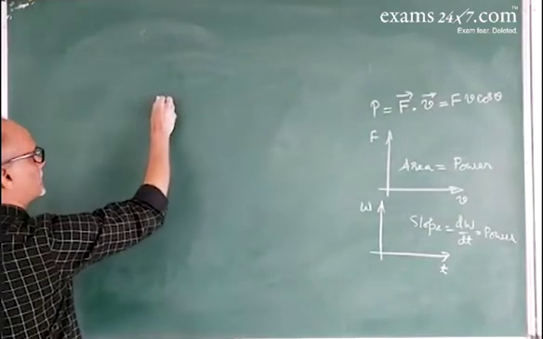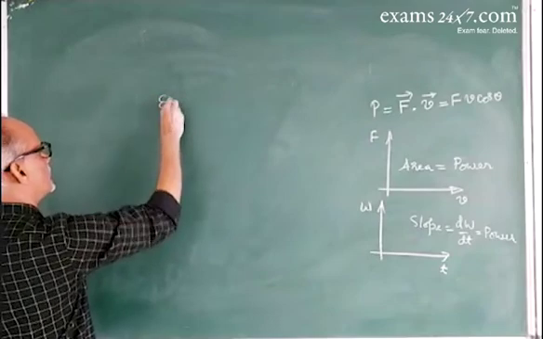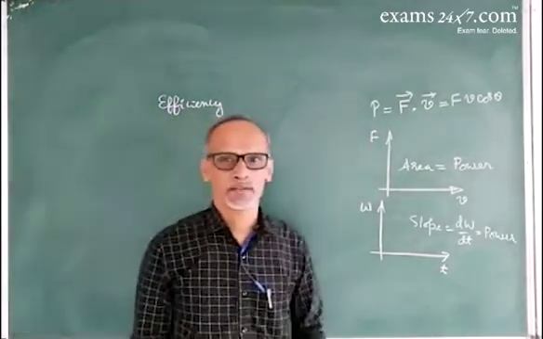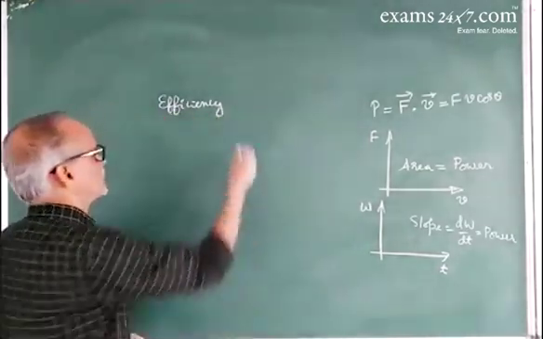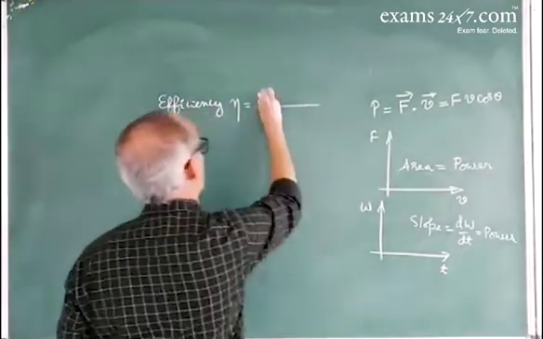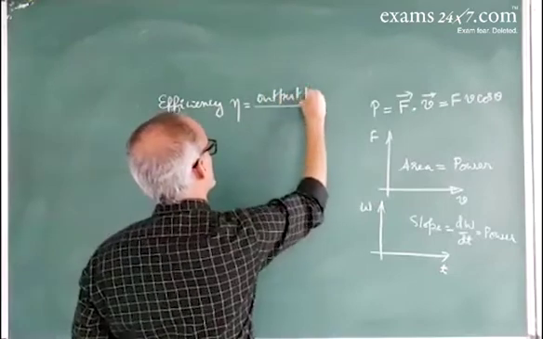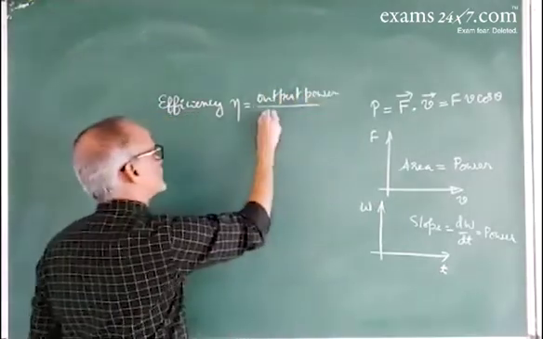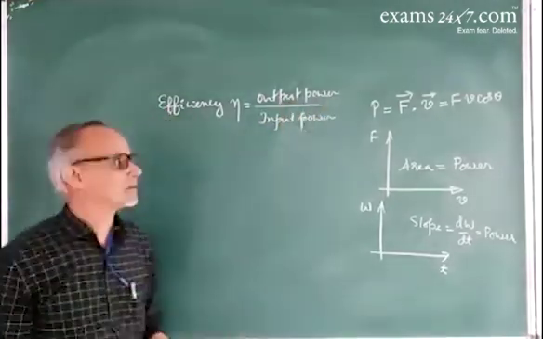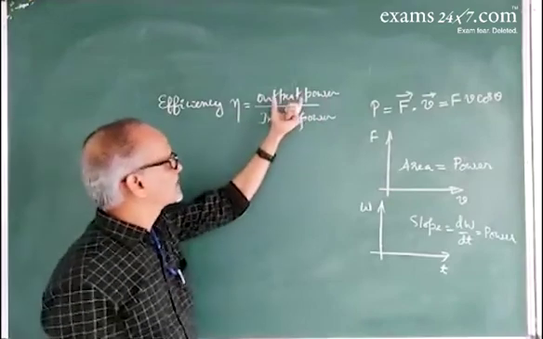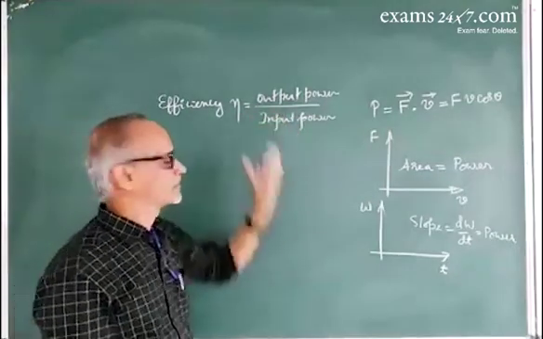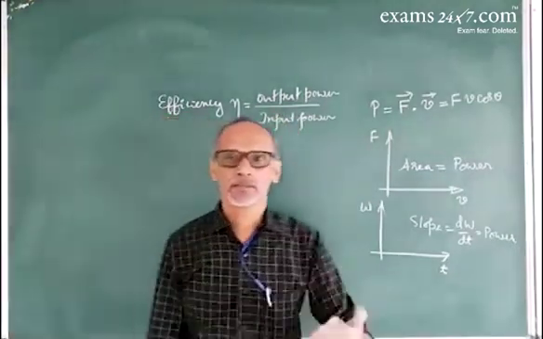In the case of an engine or a motor, we can always calculate the efficiency of the device. The symbol used for efficiency is eta. That is also equal to the ratio of the output power to the input power. Output power is always lesser than the input power because the power that is supplied to the device will be lost in various forms.